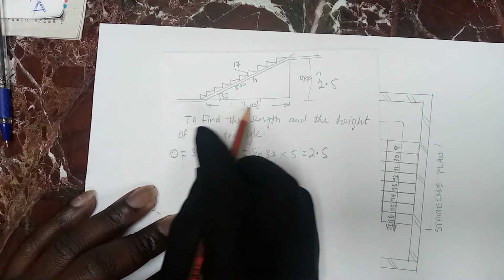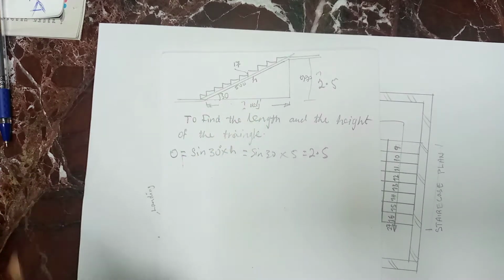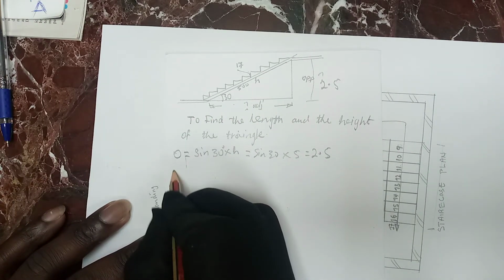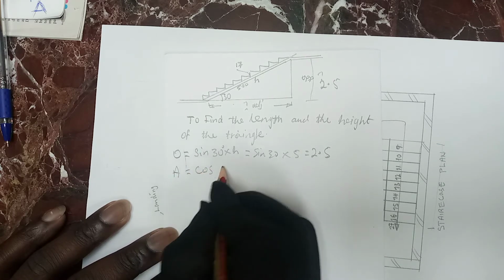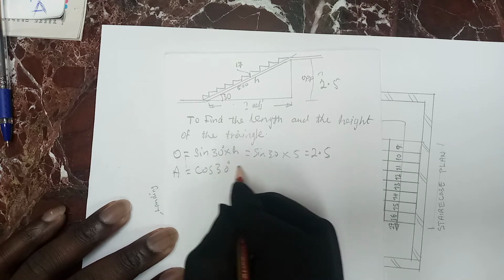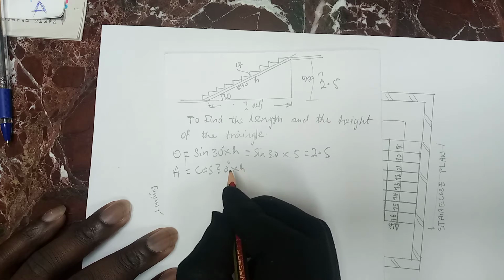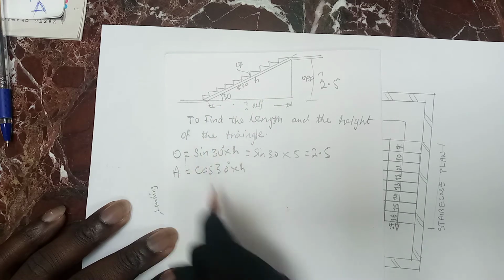So let's look for the length of this. It should be adjacent, let's just put A. This is equal to cos 30 degrees multiplied by the hypotenuse, which is the slope.